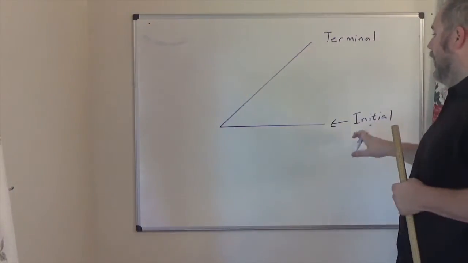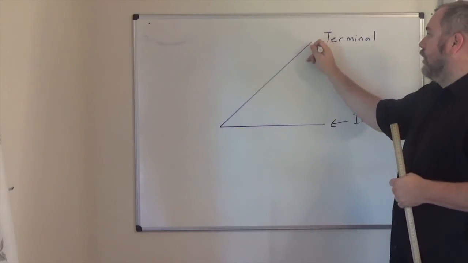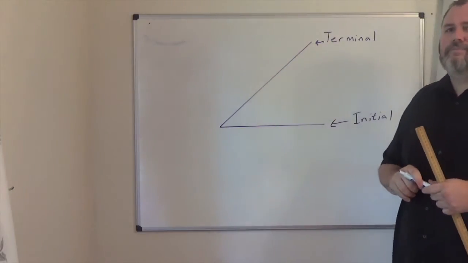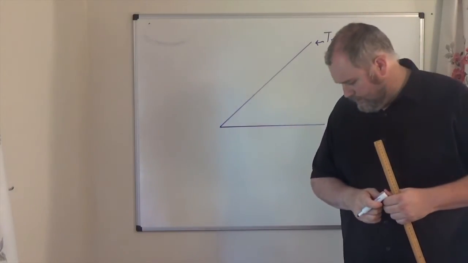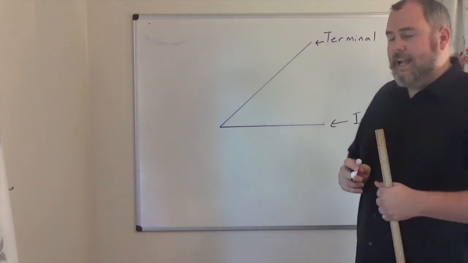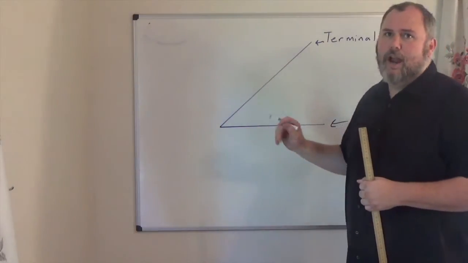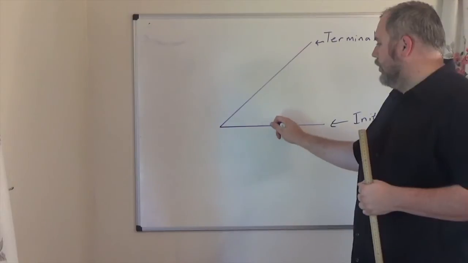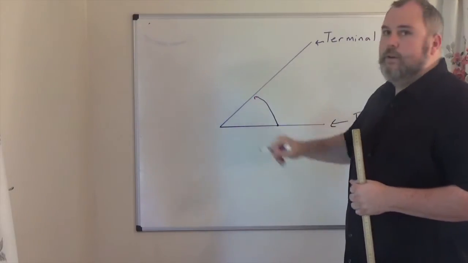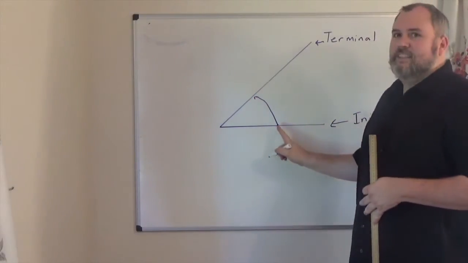Alright, so we have an initial side and a terminal side. Generally, how do we measure this in degrees? We would put our protractor, and we would go from this part right here up to this part, and we would measure it. So notice what I just did.